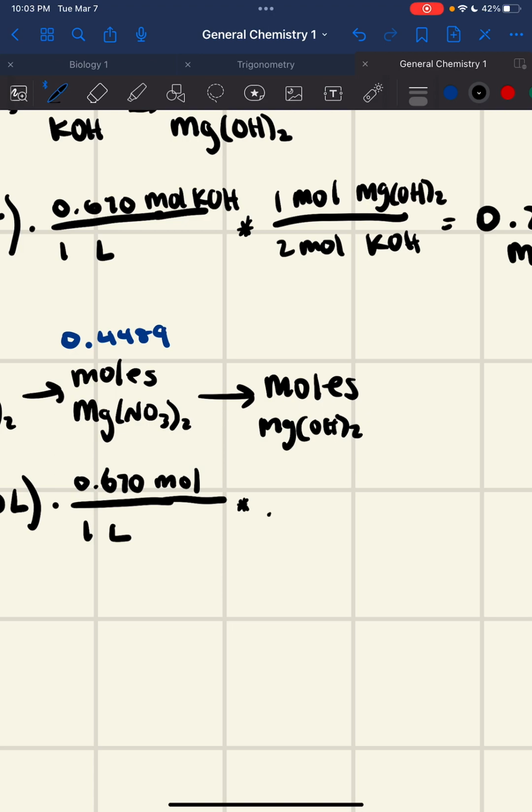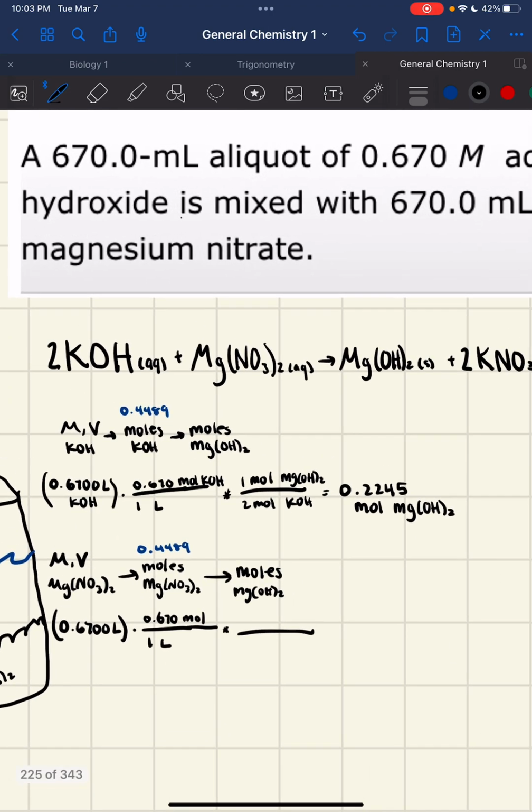And then, of course, the molar ratio. Let's look, there's 1 to 1.